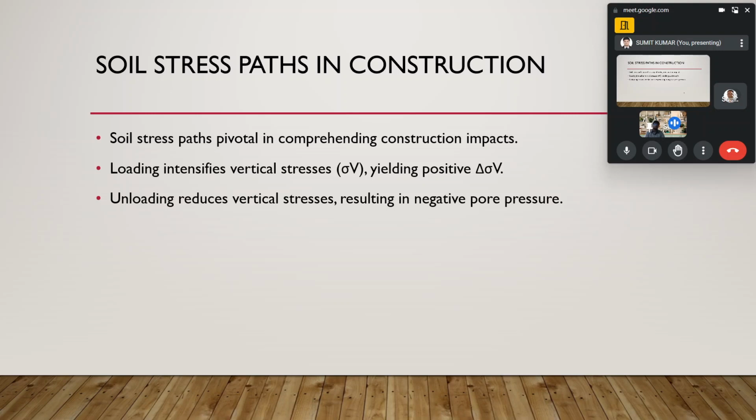And we have talked about the positive and negative pore water pressure, because the positive pore water pressure leads to the shifting of the effective stress path in a leftward direction, and vice versa for the negative pore water pressure. If the pore water pressure is negative, the effective stress path becomes more, and similarly if the pore water pressure is positive, the effective stress path will reduce. So both are the cases.